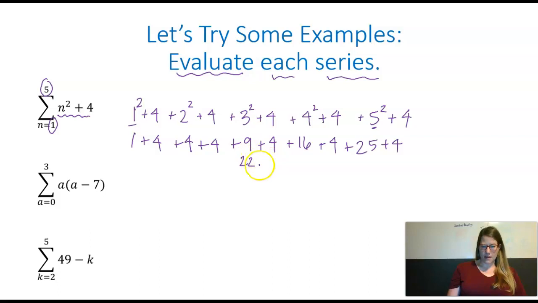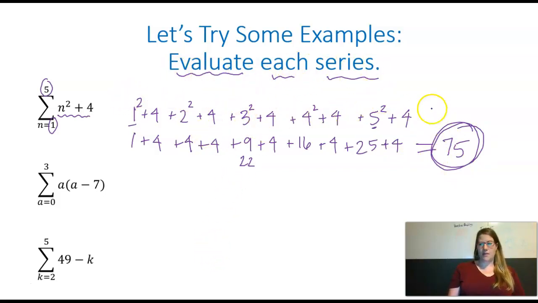I'm just going to kind of write that down so I can continue on. 22 plus 4 is 26. 26 plus 16 would be 42. 42 plus 4 is 46. 56, 66, so 75. So if I go ahead and actually add that all together, it equals 75. So when it tells you to evaluate the series, you need to write out the sum, but then you actually evaluate it.